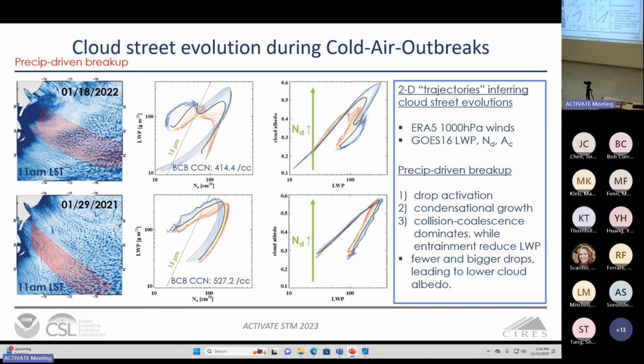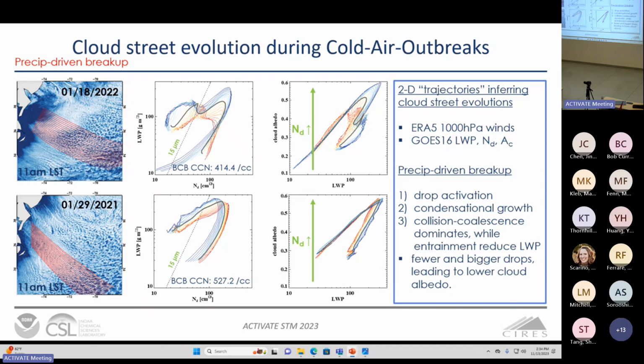Here I released about 20 trajectories, and you see the mean evolution in liquid path-Nd space and cloud albedo-liquid path space. The thinner lines indicate individual trajectories, and the thicker solid line is the mean among these trajectories.